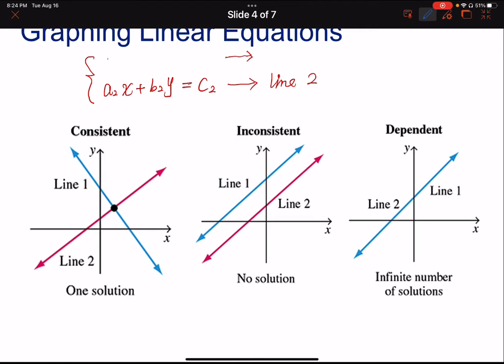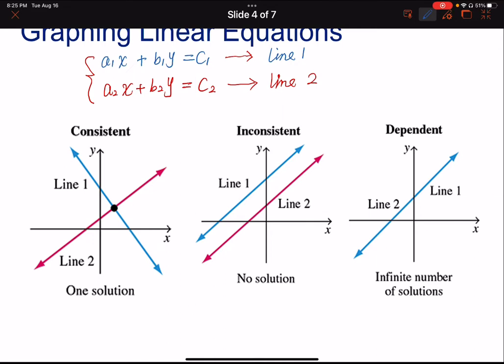I'm going to erase equation 1: a1x plus b1y equals c1, and this is L1. Now suppose you want to plot both lines in the xy plane. Think about how many possible cases you can have in terms of the mutual positions of L1 and L2.